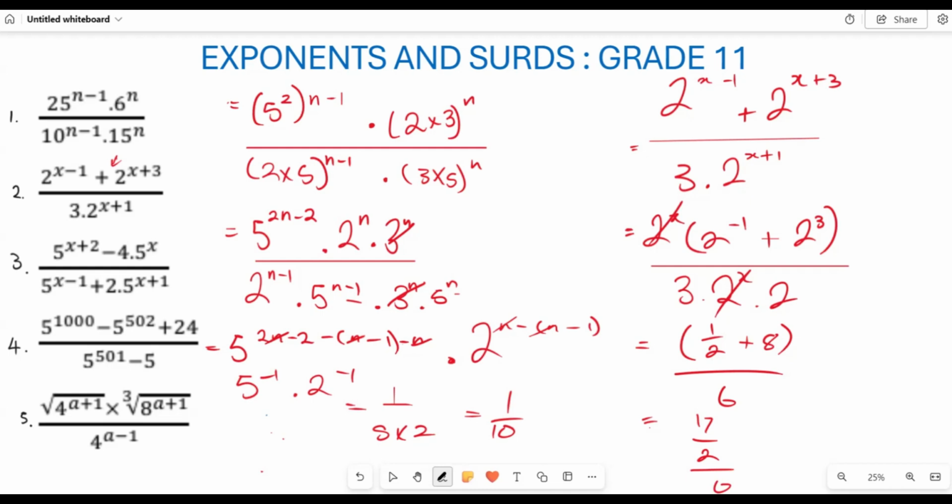When I am dividing that, this is going to be same as 17 over 12, which is going to be my final answer here.